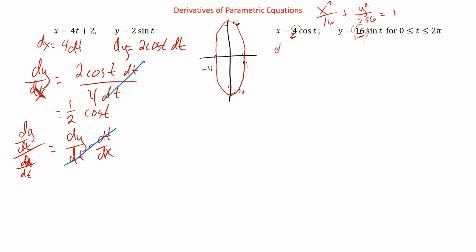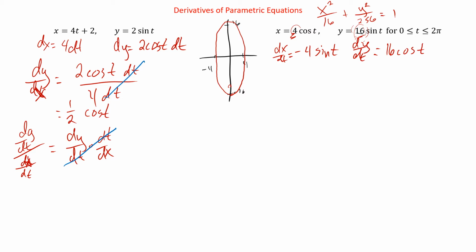So dx over dt equals the derivative of 4 cosine t. The cosine will give us negative sine, so we'll have negative 4 sine t, and dy over dt, the sine will give us cosine, so we'll get 16 cosine t.